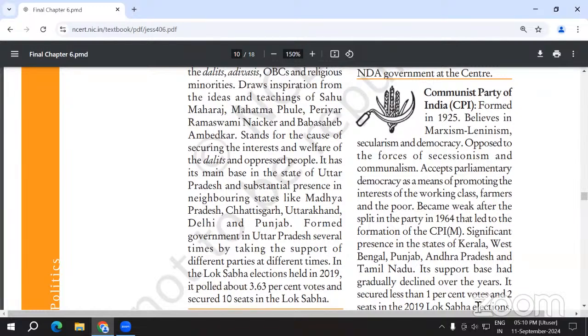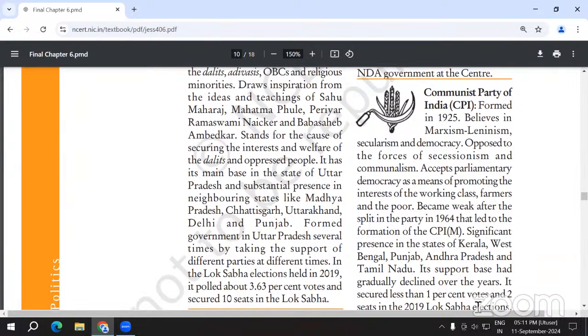Significant presence in the states of Kerala, West Bengal, Punjab, Andhra Pradesh, and Tamil Nadu. So why is it considered as a national party? Not because of the number of people elected. Only because of its support base in so many states.